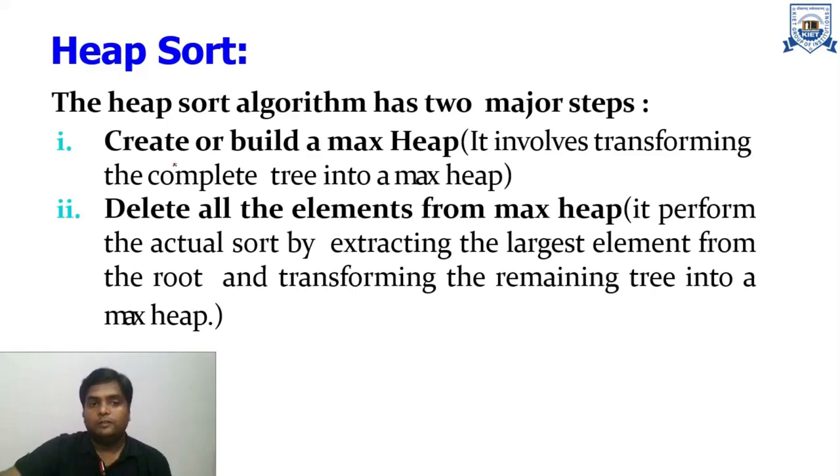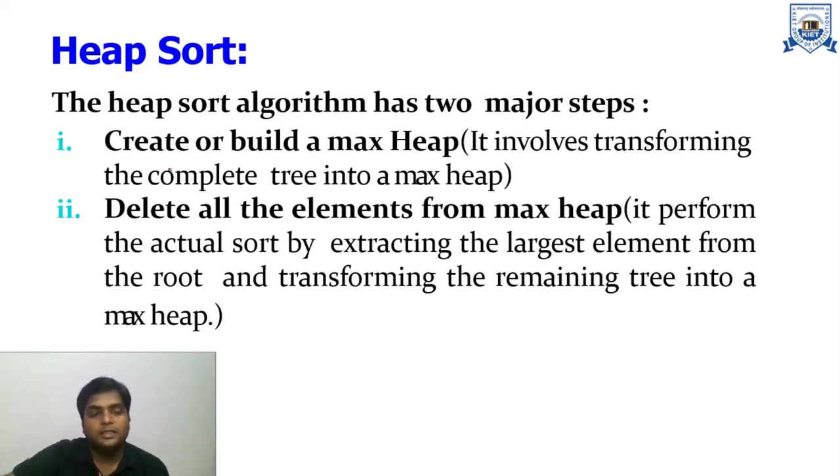So first of all we create or build a max heap and then we delete all the elements of max heap one by one. When we delete all the elements of max heap one by one, then we actually perform sorting. We find the elements in ascending order.